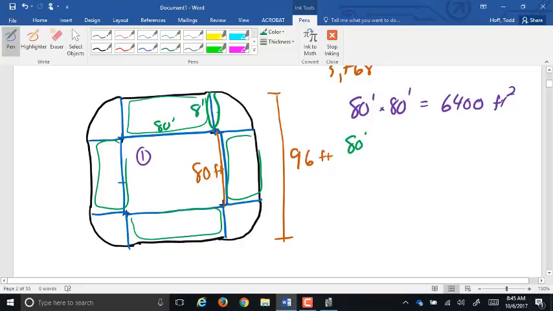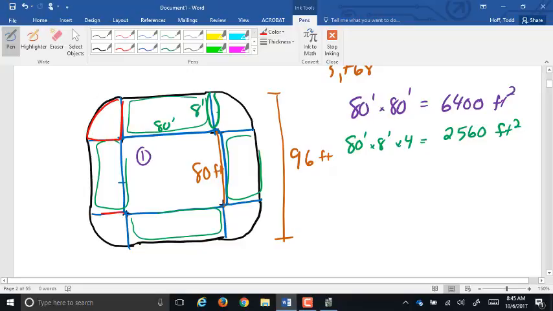So those are 80 by 8, but there are 4 of them, which gives us the 2,560 square feet.